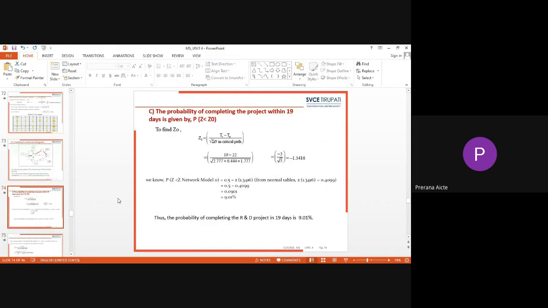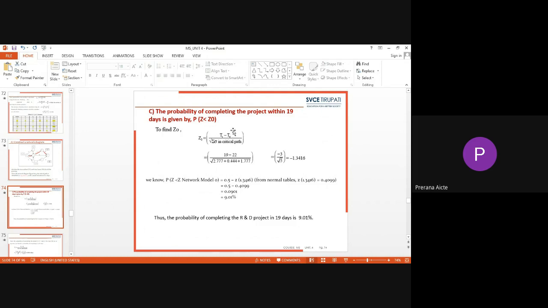So coming to the probability, it can be calculated based on the given expression, that is Z equals Ts minus Te divided by the square root of the sum of the variances of the critical path activities. Here Ts is the scheduled time and Te the expected time duration.